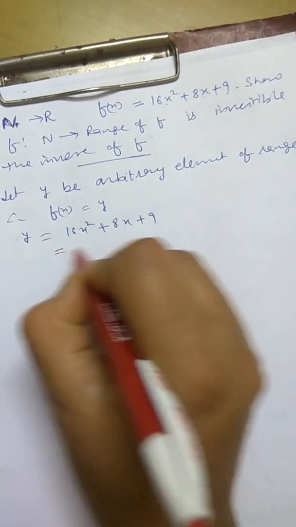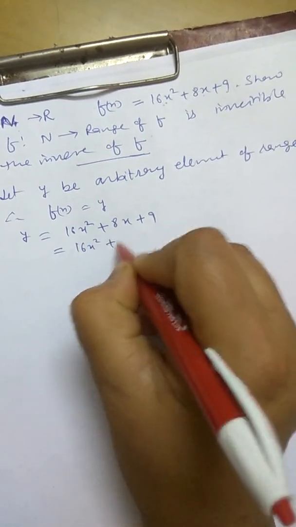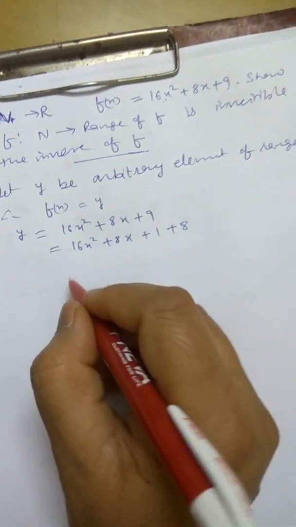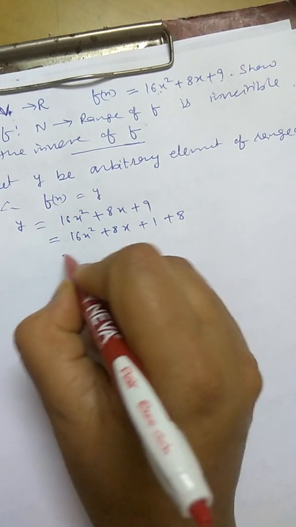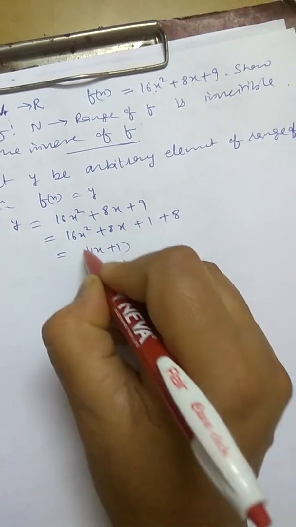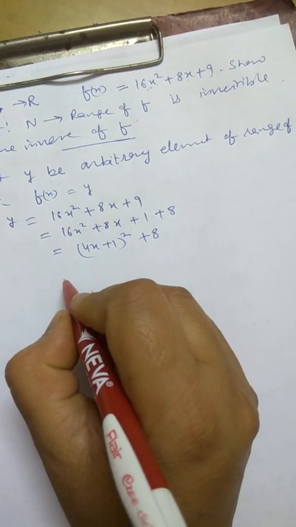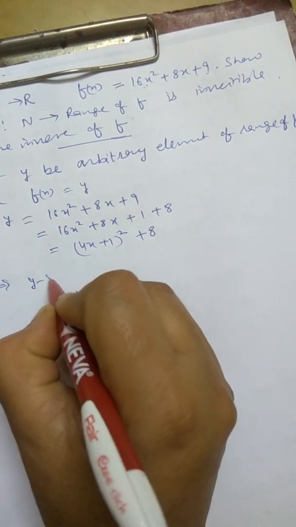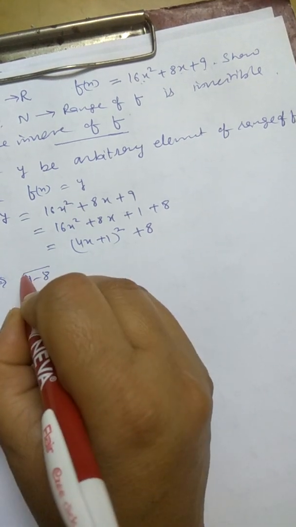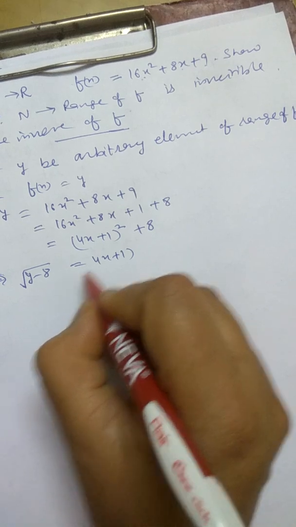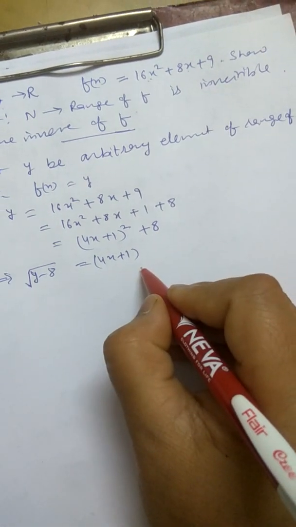And now we can write this as 16x square plus 8x plus 1 plus 8. It becomes (4x plus 1) whole square plus 8. It means square root of y minus 8 is equal to 4x plus 1. Is it clear?